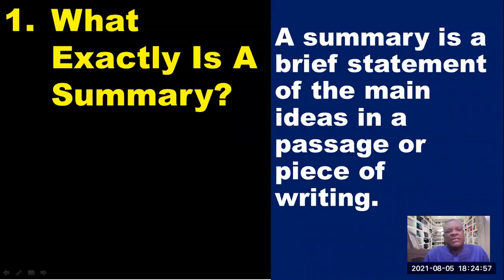Now, what exactly is a summary? You know, a summary is a brief statement of the main ideas in a passage or piece of writing. And you know, summary writing is really important, not just because it will enable you to pass your exam, but also because it is an effective tool for skill acquisition and for learning in all fields of life.